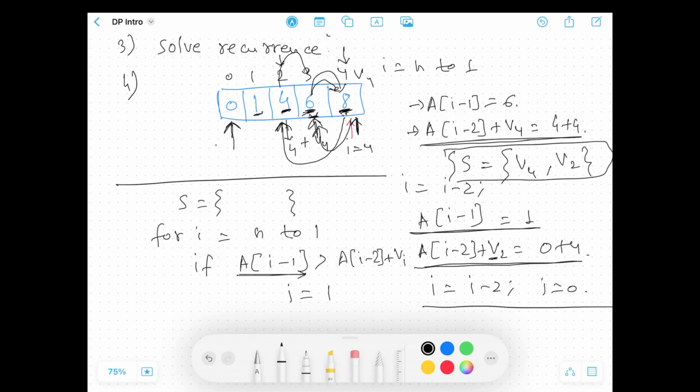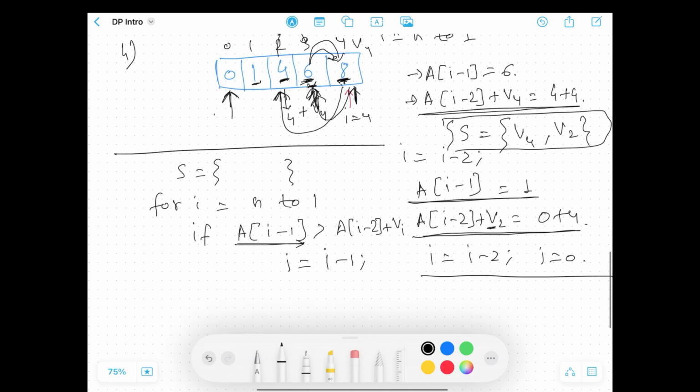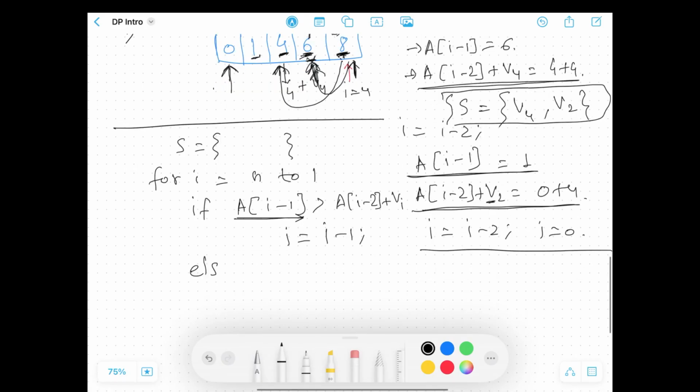So what we do is I is equal to I minus 1, right? And then we again see if 6 is part of the solution or it is carried forward from the previous index.